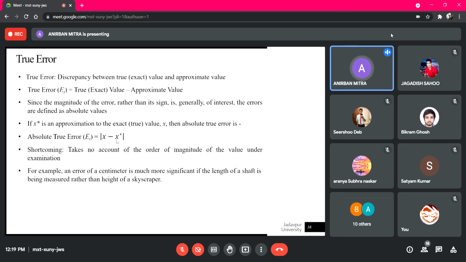If its length is changed by say 1 centimeter, probably it would not assemble with the other components inside the engine, and it would cause certain problems. However, if the amount of error is 1 centimeter in the height of a column or height of a building, that does not create any sort of problems. So the context is important.